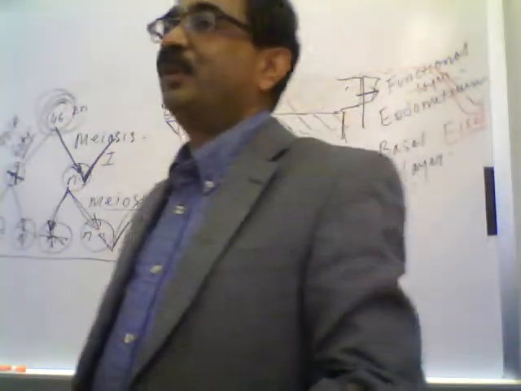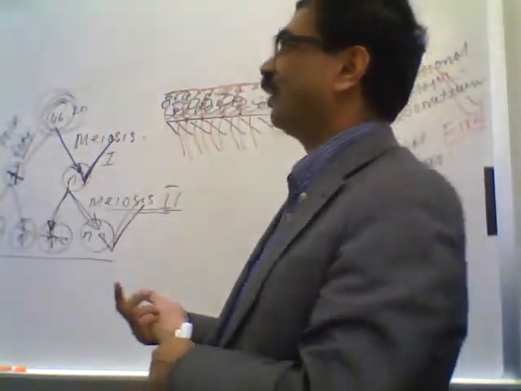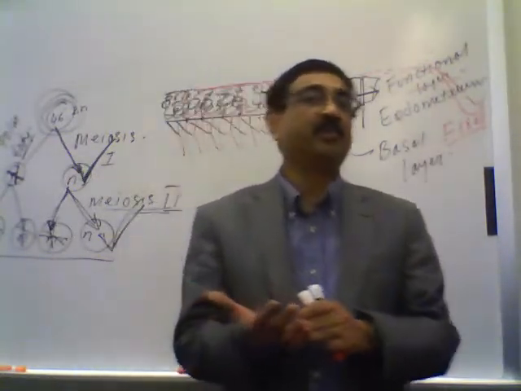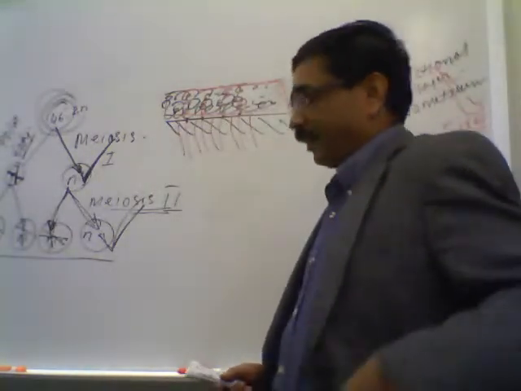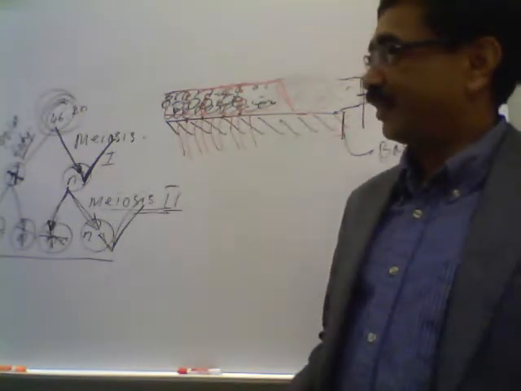So here during oogenesis, you see three interesting things happen. One is the oogenesis starts before the birth of the baby girl, and then it stays halted for about 14 years.